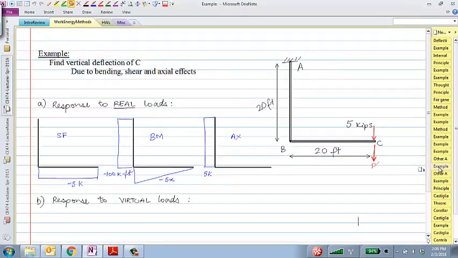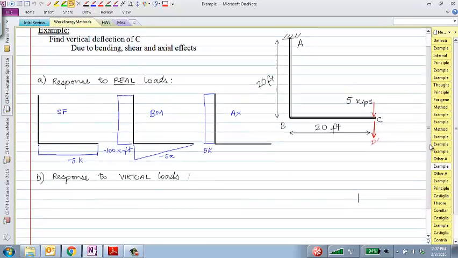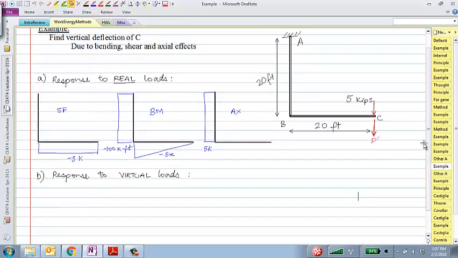All right, so let's take a look at the same problem that we did for bending only, but now we are going to do all three: bending, shear, and axial. Okay, so in this case, for the virtual bending, we already have the real response. The real response never changes.